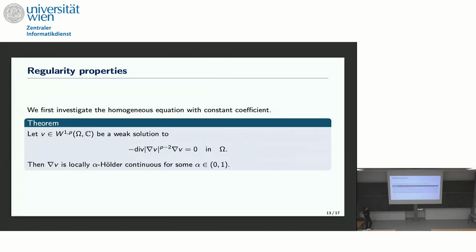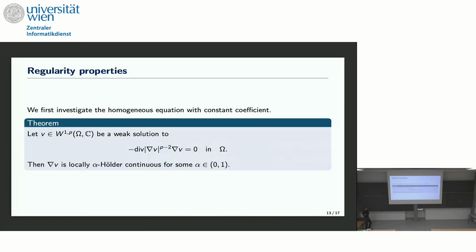Finally, the regularity property. Let's first think about this kind of homogeneous equation with a constant coefficient and no first term. There is an observation that the gradient is locally Hölder continuous.